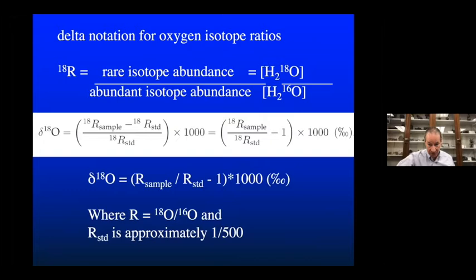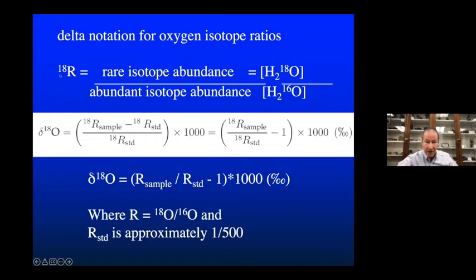I have to introduce a form of describing the relationship of different oxygen isotopes. For today, I'm not going to talk about oxygen 17 at all. I'm going to talk about oxygen 18 and oxygen 16. Everything that I say about 18 applies to 17, but doubly so for 18 because of the mass difference of 2.